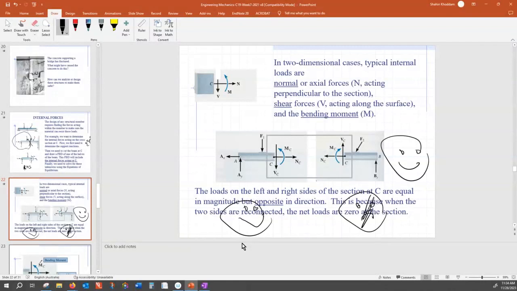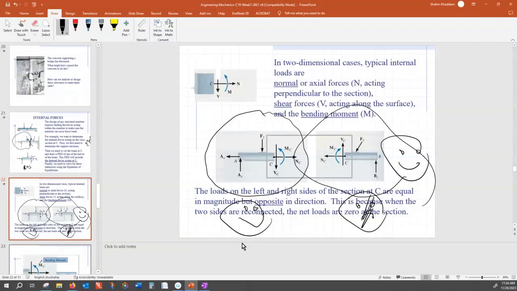But whatever you remember from this slide, if you decide to do the surgery on the left-hand side, this is how you assume the positives. You put the internal forces like that. If you decide to take the right-hand side free body diagram, the positives are next. So if the shear force going down is positive, F1 is positive as well, right? Because it's going down.